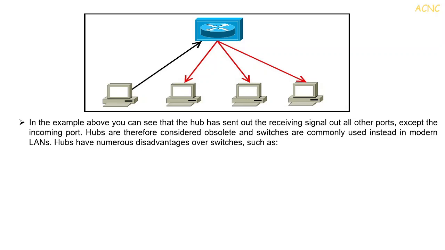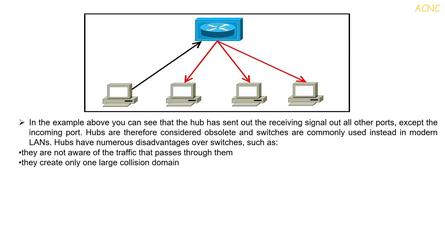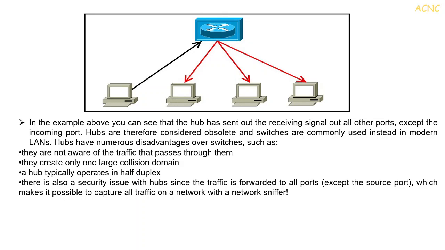Hubs are therefore considered obsolete and switches are commonly used instead in modern LANs. Hubs have numerous disadvantages over switches, such as they are not aware of the traffic that passes through them. They create only one large collision domain. A hub typically operates in half duplex.